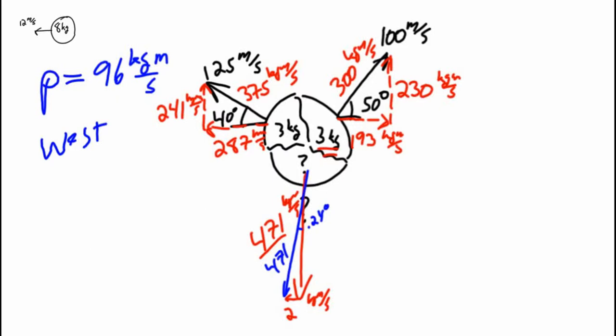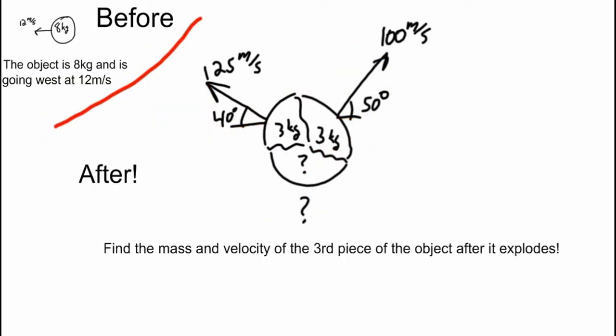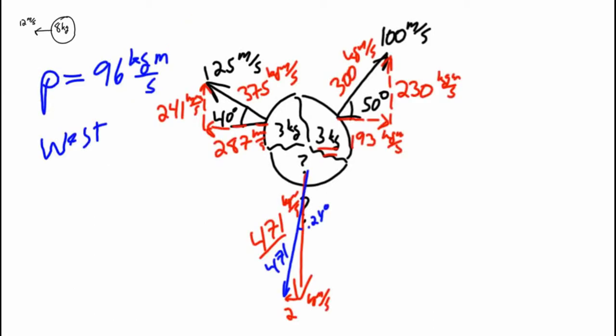Remember that I said when we're done with the problem, stop and make sure you're really done. The original question asked for velocity, and at this point we found 471, but that was momentum, kilogram meters per second, right? To get to velocity, velocity is momentum divided by mass. The mass, I think, was obvious to everybody. It was 2 kilograms.